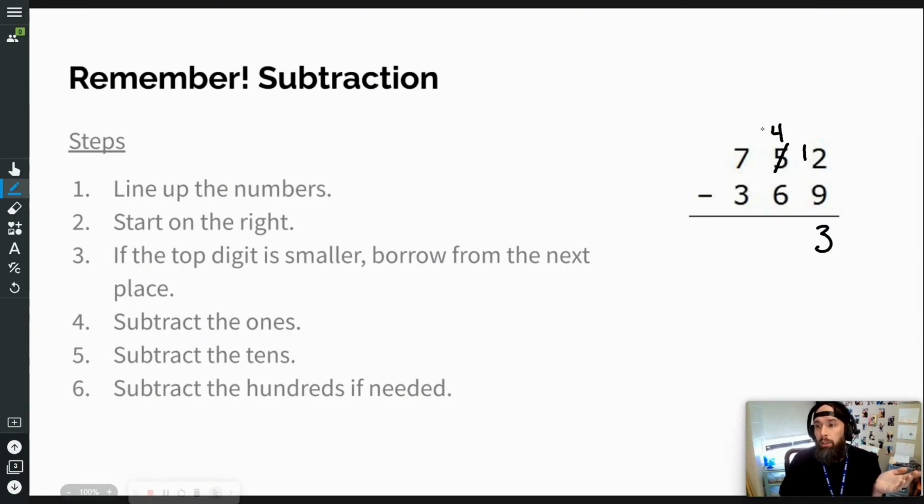I can't do that either, so let's borrow 1 from 7 and turn you into a 6. Now we have 14 minus 6, which is 8, write it below the line. Last but not least, we have 6 minus 3, which is 3. And so as we go right to left, we do all the numbers and we end up with 383.